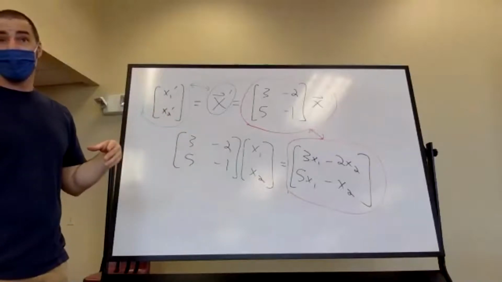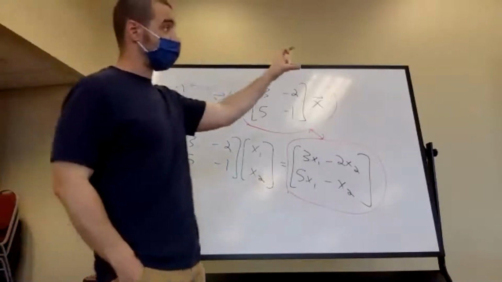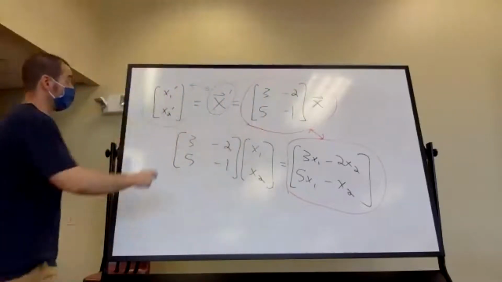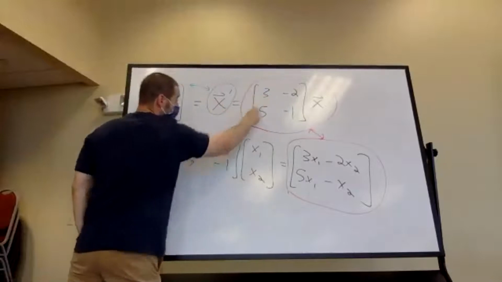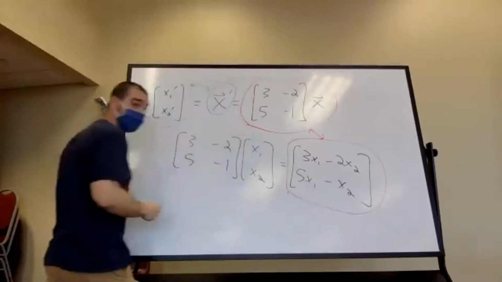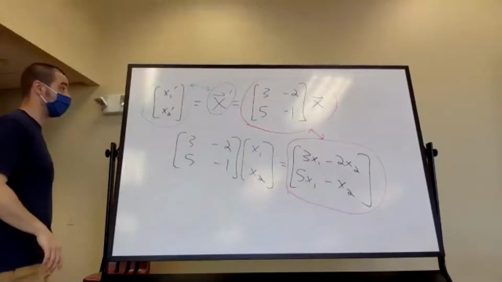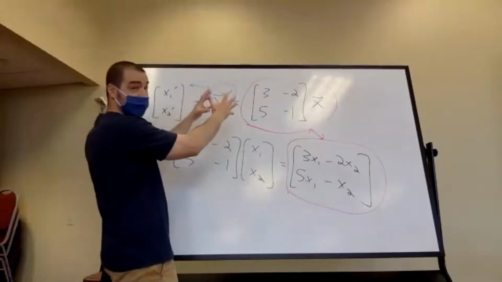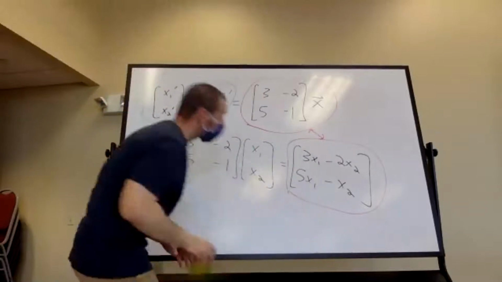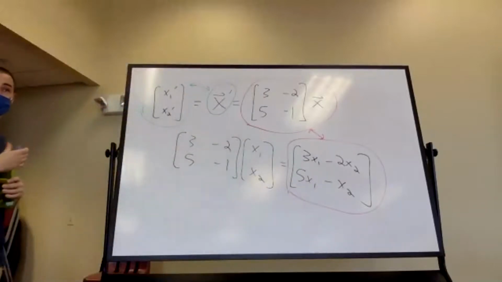If this is going to equal this, x1 prime must be 3x1 minus 2x2. It's encoding the same information, but in a more compact, matrixified form. Everybody okay with that?